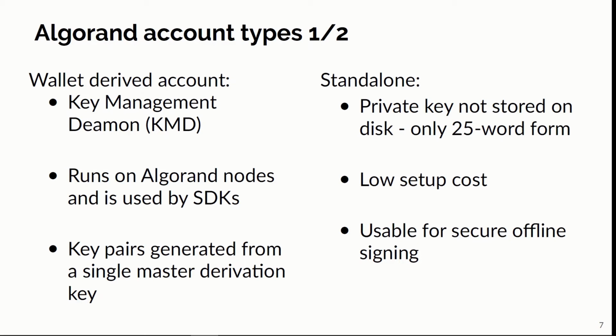The main difference is that the standalone account we generate once, and we right away see the corresponding private and public key, where the private key is the part most of you are familiar with, the 25-word format, which is used later on to derive the private key using a key derivation function.